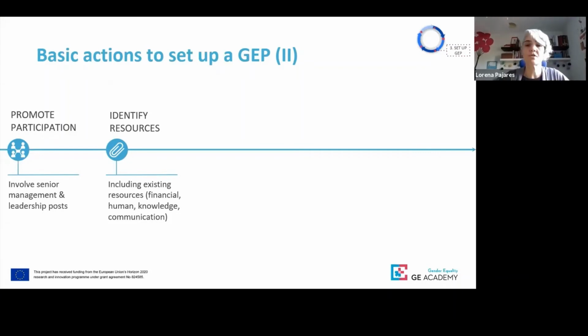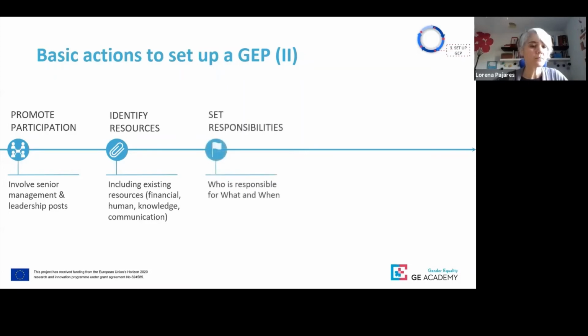And this means, of course, financial and human resources, but also others like data collection procedures, existing policies, services, internal groups or internal structures that we can count on. Of course, knowledge is also a resource, communication tools, and so on. Also the intangible resources, like, for example, the supportive and enthusiastic attitudes among the leaders and among other key agents in the institution, okay? And we should build on those existing resources.